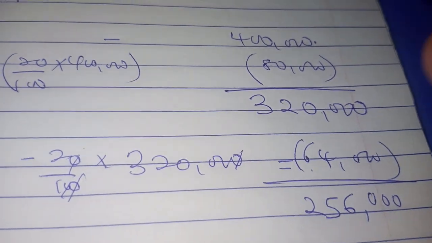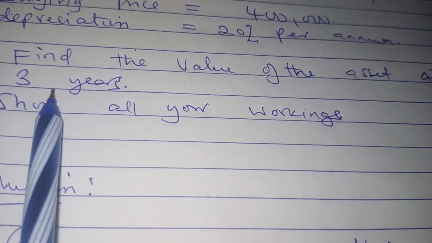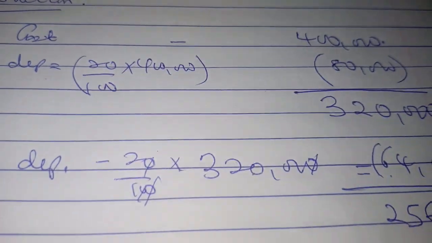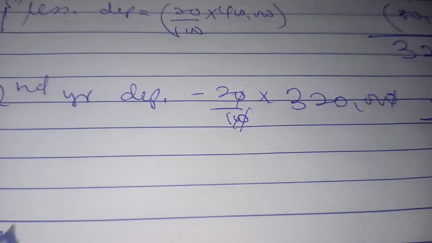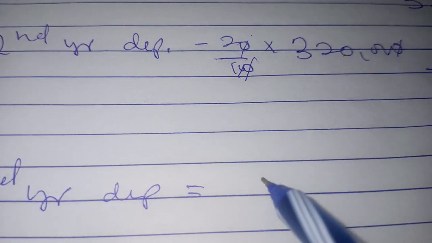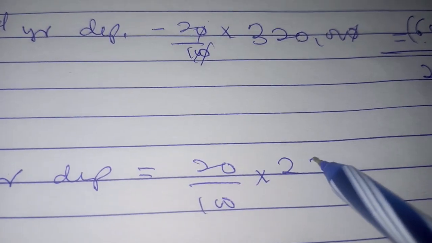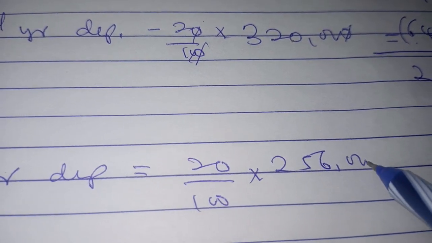The question was asking, find the value of the asset after 3 years. So we have one more here. So we shall say the third year depreciation is again given by 20% times the balance. The balance is 256,000.